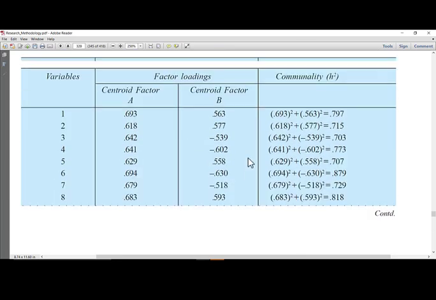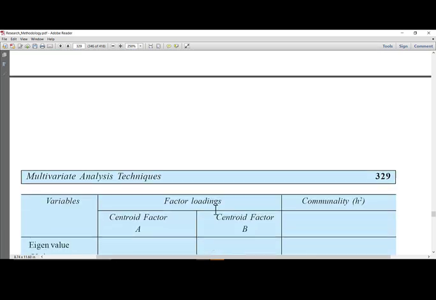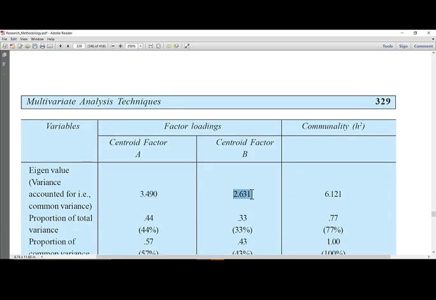Similarly, for this column, if you take the squared values and sum up, that gives you 2.631. So the eigenvalue for centroid factor A is 3.490 and the eigenvalue for centroid factor B is 2.631.